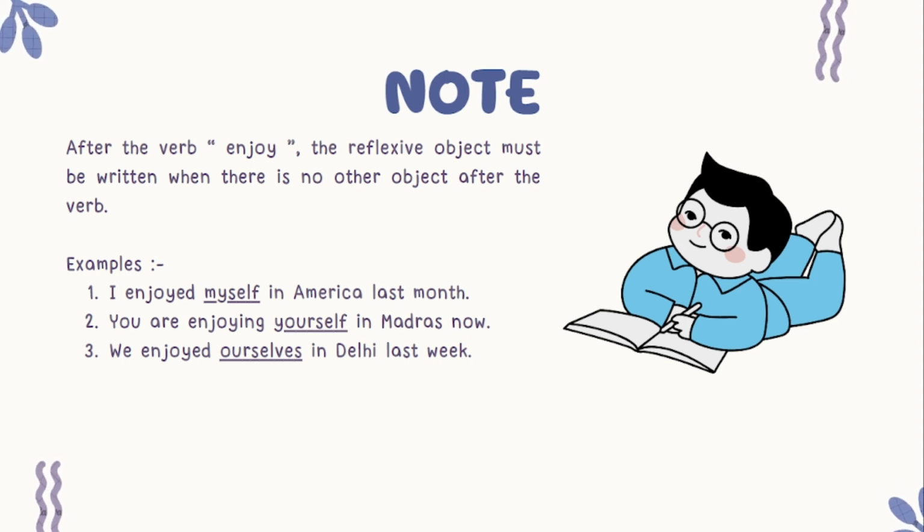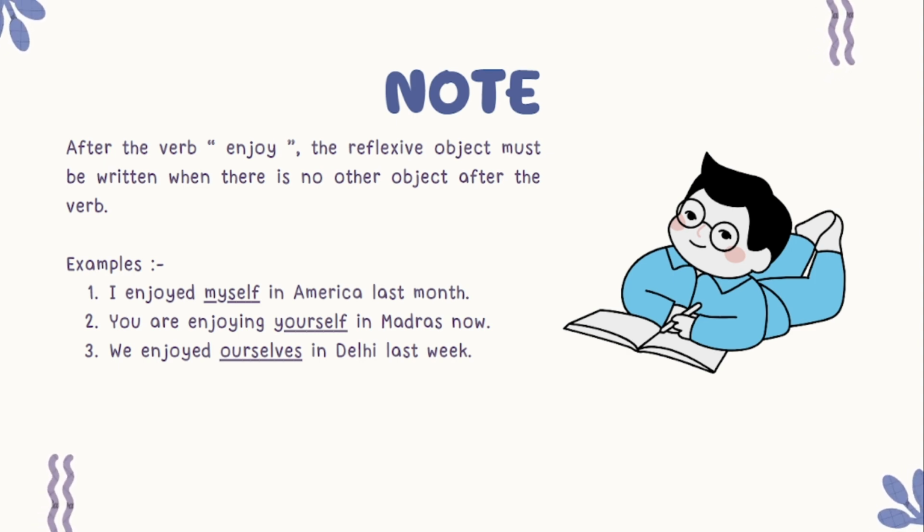It means when there is no object in the sentence after the verb enjoy, a reflexive pronoun or reflexive object should be written. Suppose there was no object after the main verb enjoy, then write a reflexive pronoun or reflexive object.